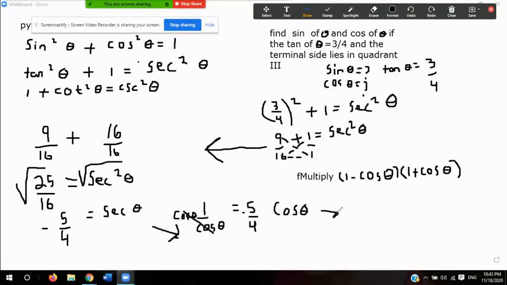So what I'm going to do now is divide this equation. Negative 5 over 4 times the cosine of theta equals 1. And that means I have to multiply by the reciprocal, which is negative 4 over 5.